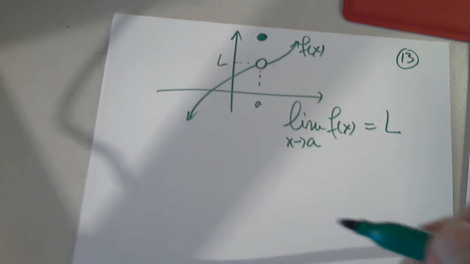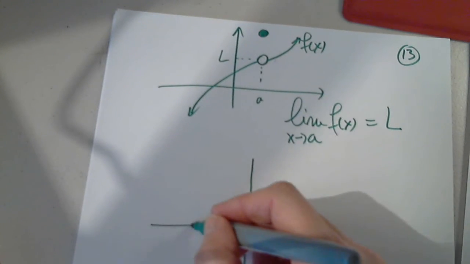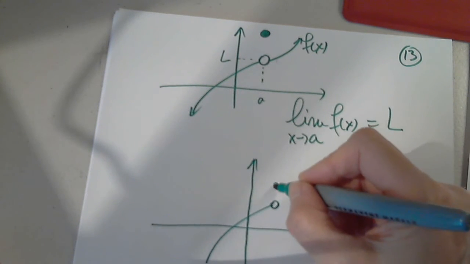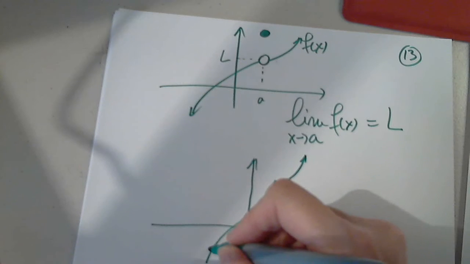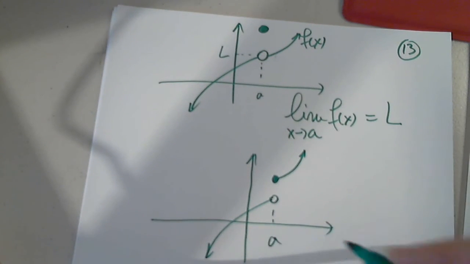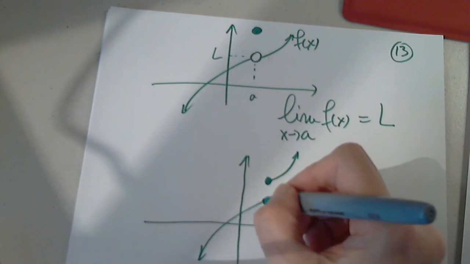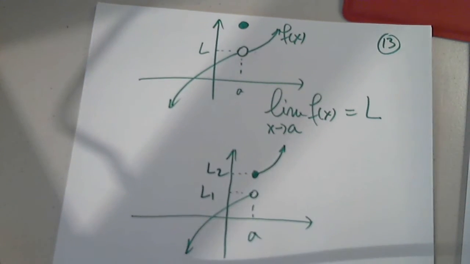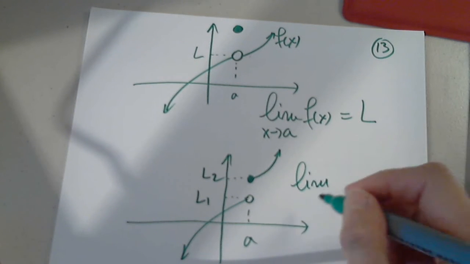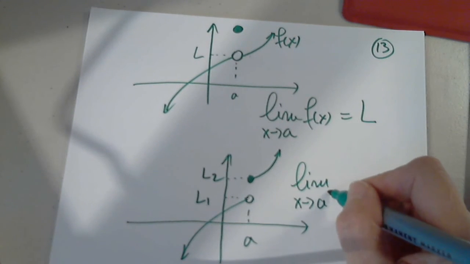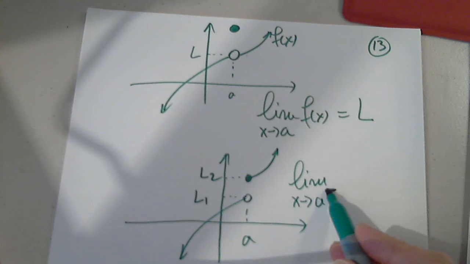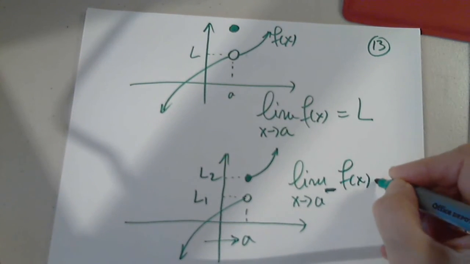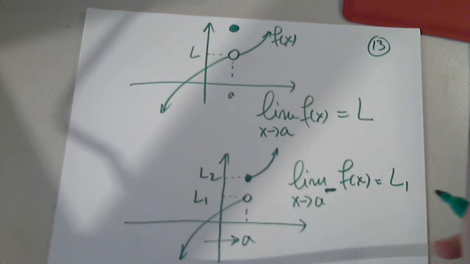One more example, and I'll come back to show the limit for what we just talked about. This is a problem, because here I can write the limit as x approaches a from the left, a power of negative meaning values from the left, of f of x equals this number, L1, whatever that is.